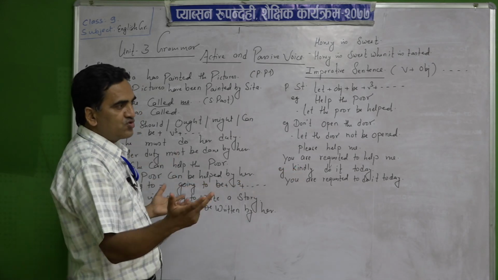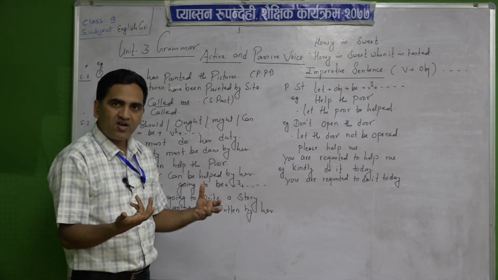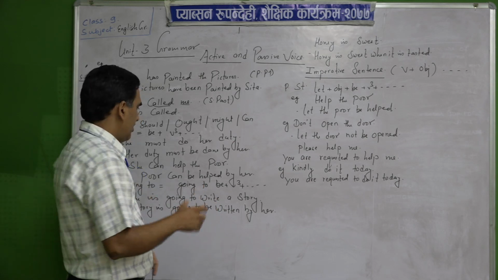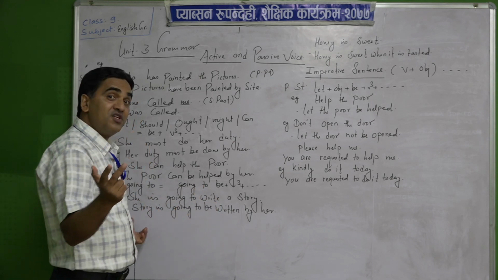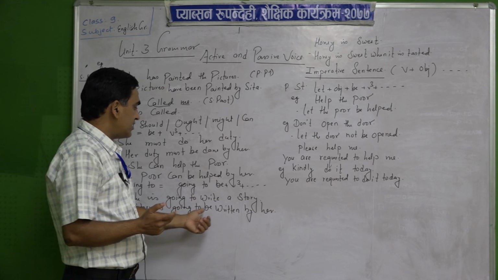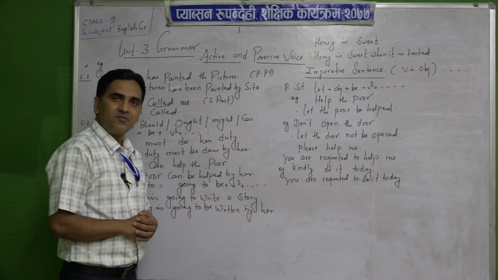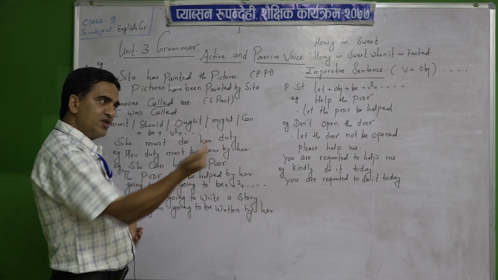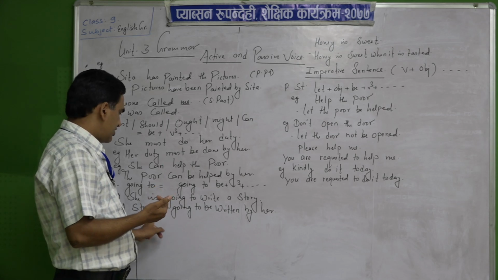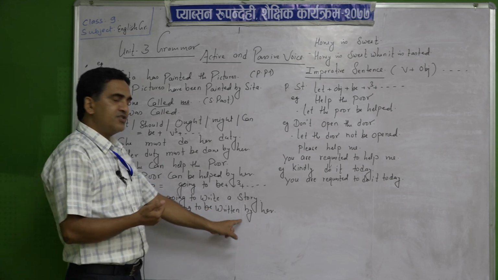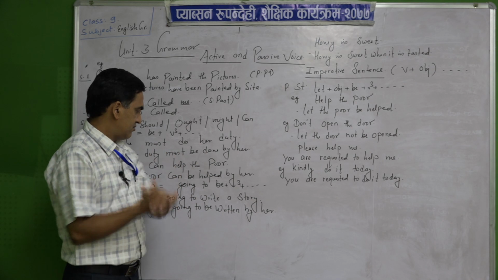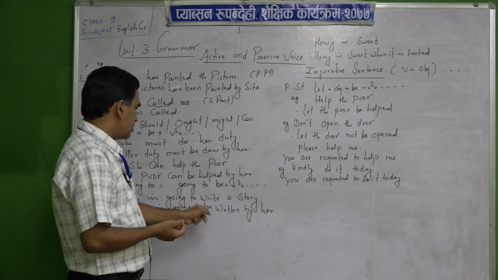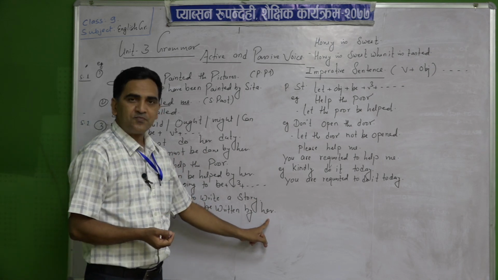And object also has two types, direct object and indirect object. Now what is the passive of this? A story is going to be written by her. A story is the object, so it comes first. A story is going to be written by her.